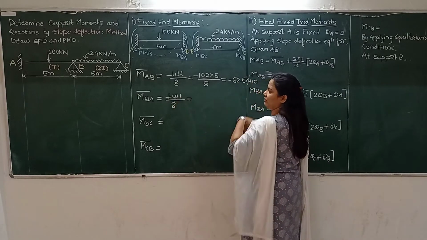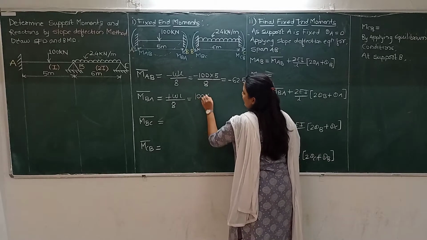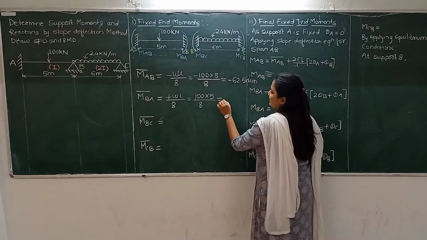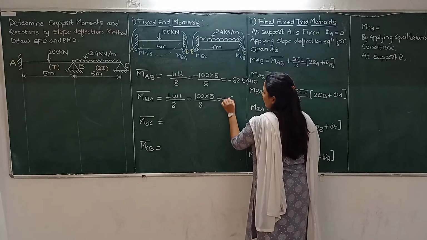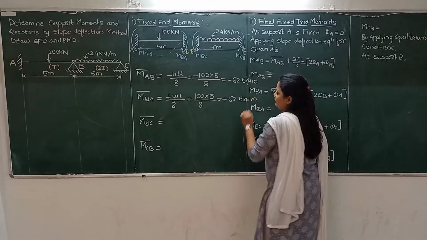By putting the values in the equation WL by 8, we have 100 into 5 meter divided by 8, and you will get the fixed moment BA as 62.5 kN-meter. It is positive.